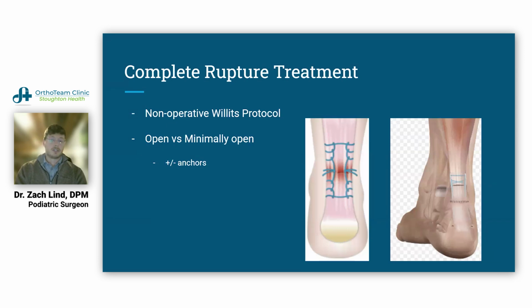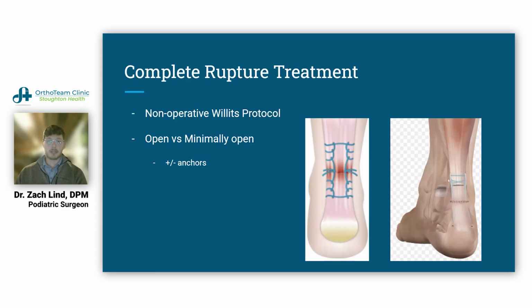So these are really the two open or mini open ways of doing this. This is what's known as a Krackow stitch. So you kind of go up and down and tie them back together. This is a specific one known as a mid-substance speed bridge. So if you remember what Aaron Rodgers had, that would be this one on the right here. But basically you do the same sort of stitching up on the top part of the tendon, and then you have anchors down here in the heel, and you pass the suture from this side through the tendon and into the anchors.